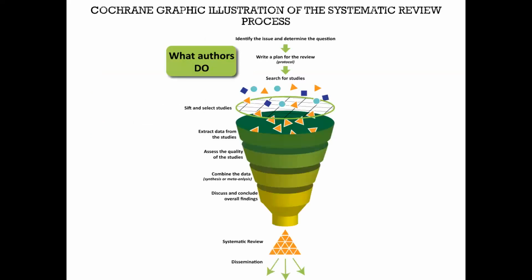This is a graphical illustration given by the Cochrane. Cochrane is like a group of journals, like Medline or PubMed. They gave this illustration of how a systematic review really works.